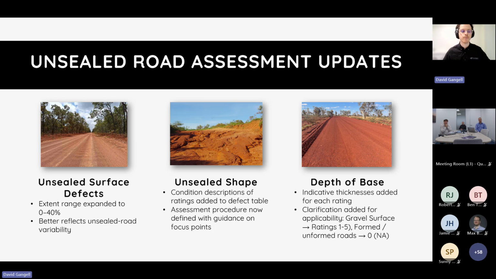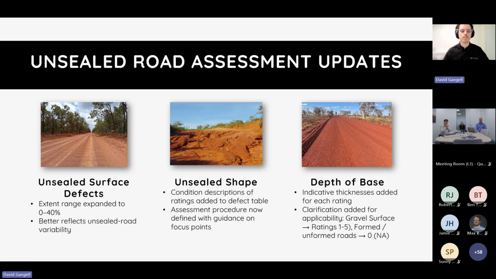So the extent range has been expanded to better align with unsealed conditions. And then the unsealed shape, there hasn't really been any change to that, just a description and further information added around when an unsealed shape is very good all the way through to very poor.